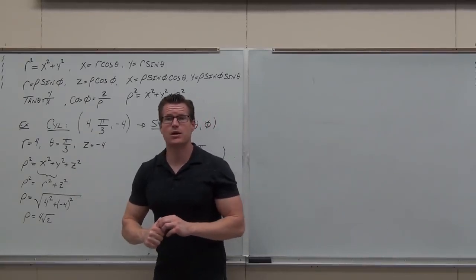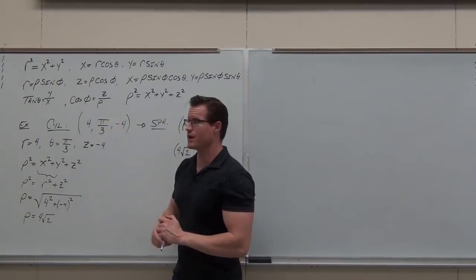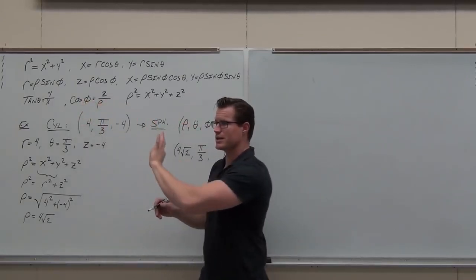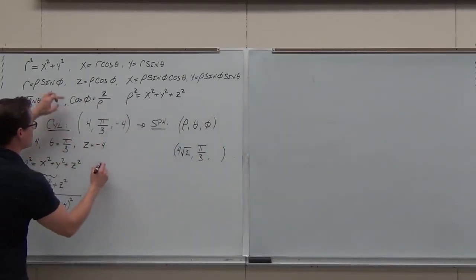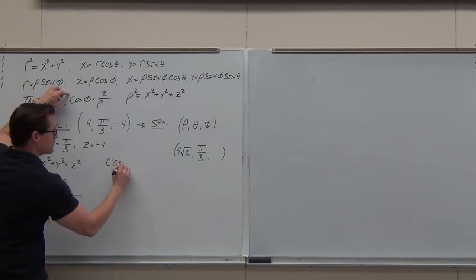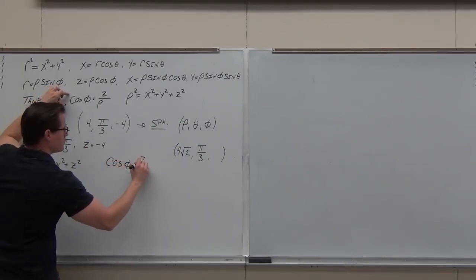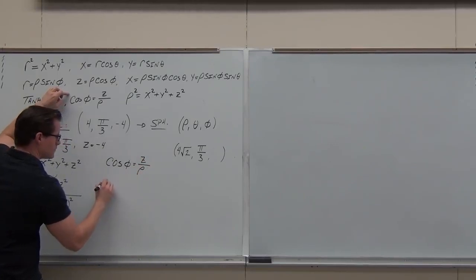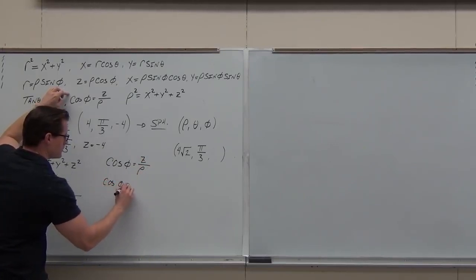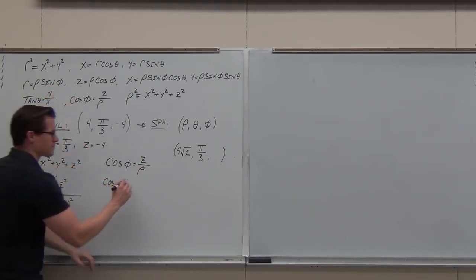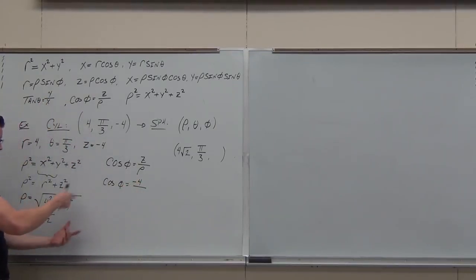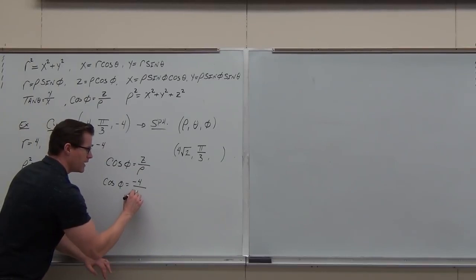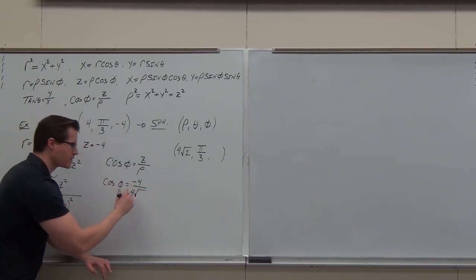I don't care, as long as you're getting something that will solve for phi based on the information you're given. I'm going to use this one. So this says negative 4 over, hey, I just found the rho. We talked about how to find phi. You got to find rho first.